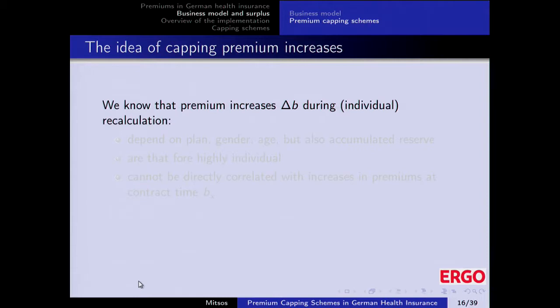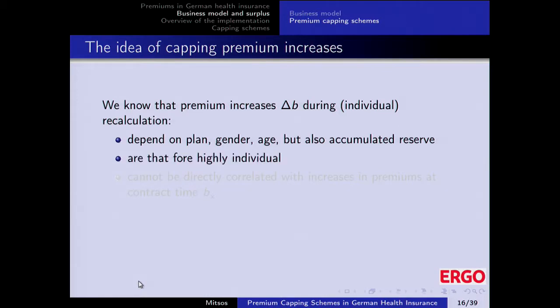Okay, we have seen the individual premium increase, and now we are coming slowly to capping. The individual recalculation of the premium depends, of course, on plan, gender, age, but also the accumulated reserve. This means they are highly individual because they are based on the whole history of each and every person.